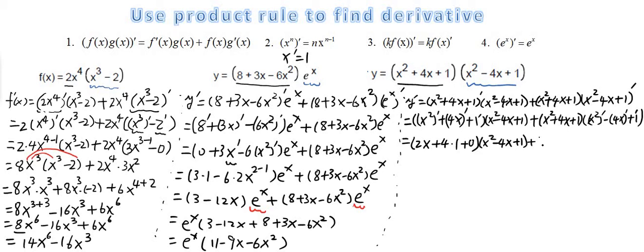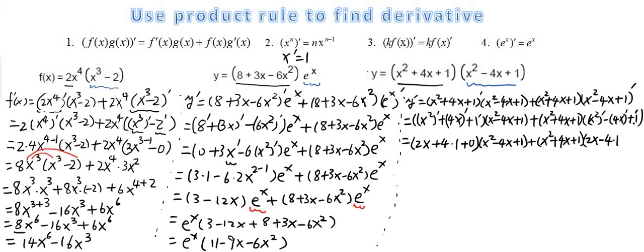Again, we can simplify the second term. So the derivative of x squared, we copy it, so that is 2x. And the derivative of 4x is going to be 4 because the derivative of x is 1. And we apply the constant multiple rule. We keep the constant the same, do the derivative of x equals 1, 4 times 1, right?